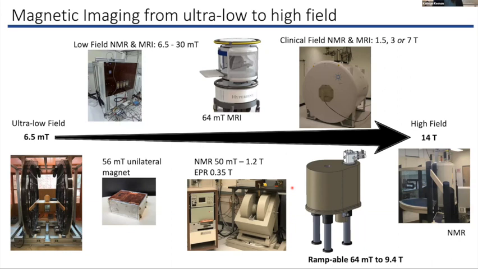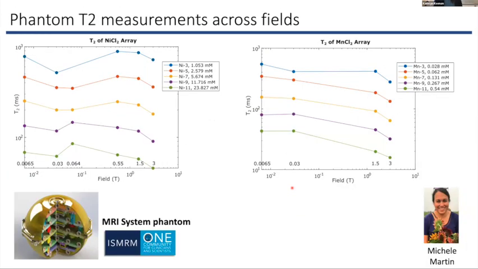So Michelle Martin is a postdoc in our group who's been using that electromagnet and other low field systems. And so she shared just some preliminary measurements of the system phantom materials. So there's nickel chloride and manganese chloride in the phantom. And she is in the process of trying to support those of you who are working outside of 1.5 and 3T.